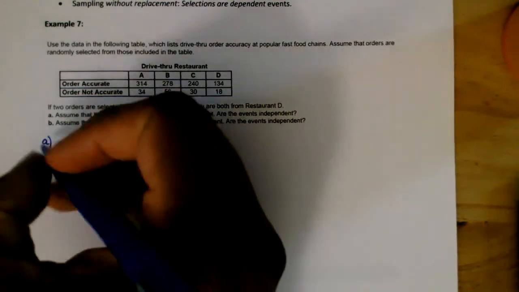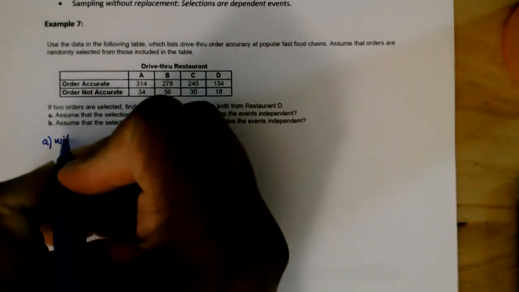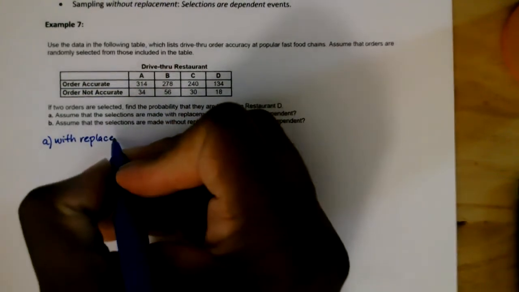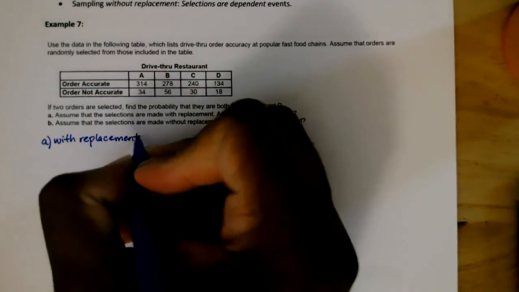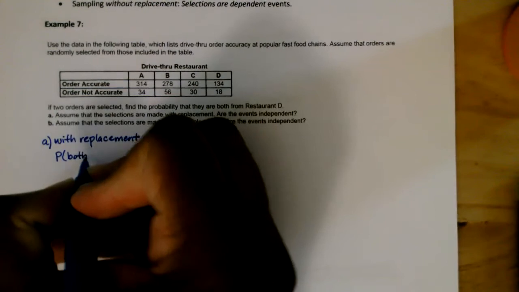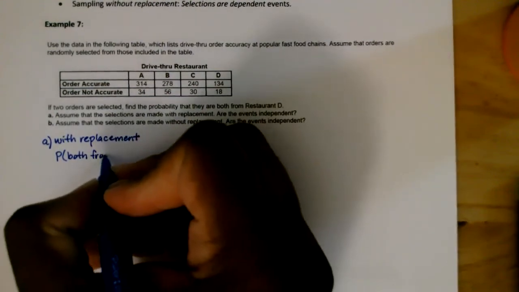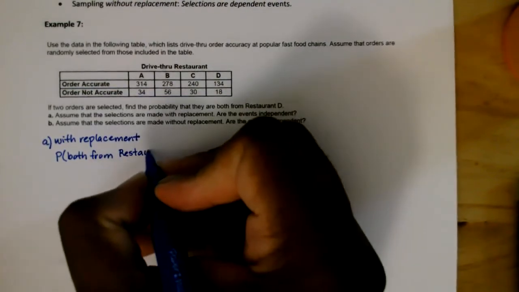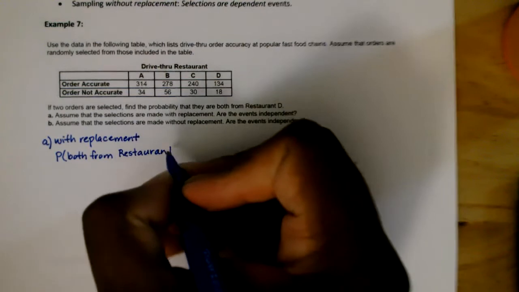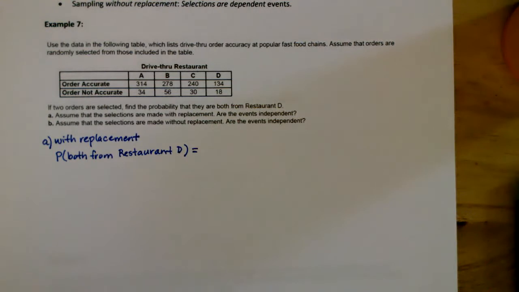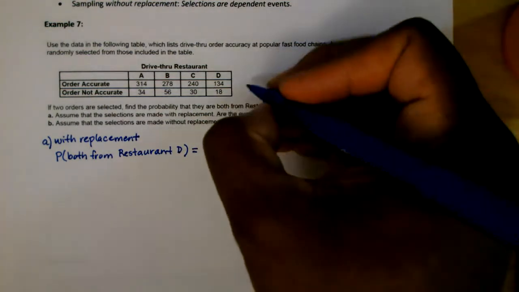Let's see. So this is with replacement. And we want the probability that both are from restaurant D. Okay, let's look at restaurant D here. In fact, let's look at the total that's in this table.